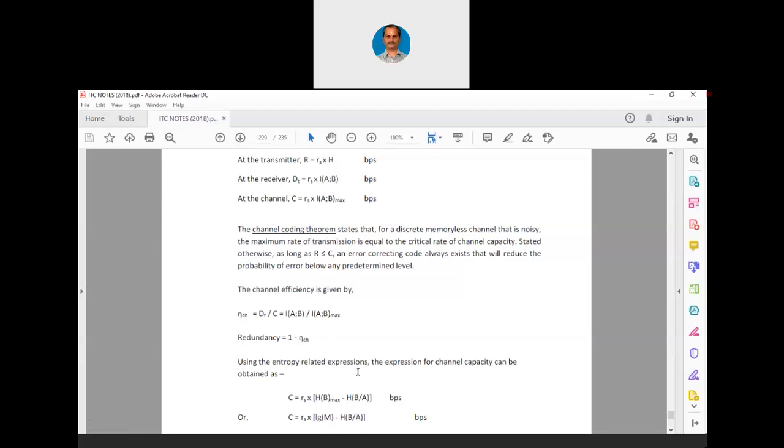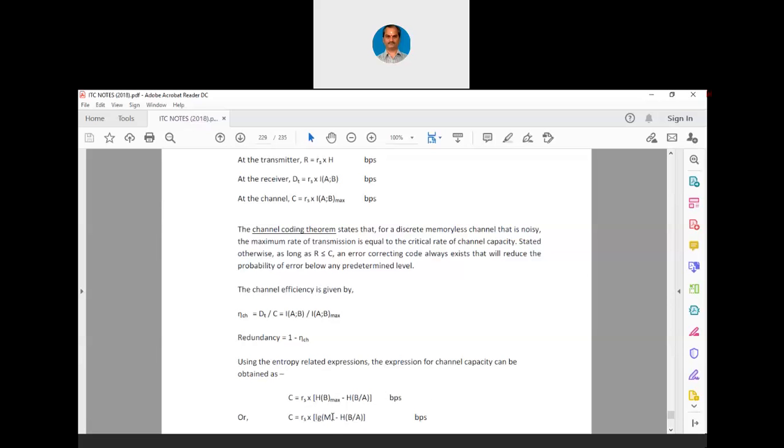Using the entropy related expressions, the expression for channel capacity can be obtained now as C is equal to Rs into H(B) maximum minus H(B/A) bits per second, or C is equal to Rs into lg of m minus H(B/A). H(B) maximum is what? Lg of m. Just now I mentioned it.